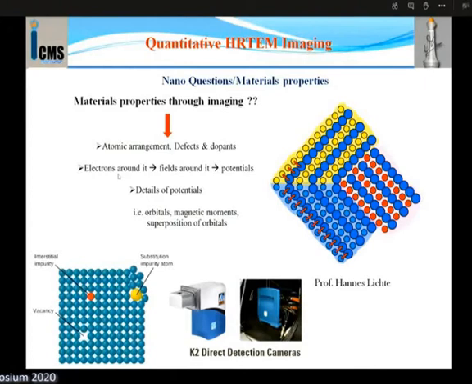If you can determine the potential, and once you can fit the orbital, you should be able to tell the properties of the material in terms of magnetic moments and other things that you're interested in. So there is no restriction or limit posed on the theory. And it's quite possible because nowadays tremendous advancement has been made, both in the field of microscopy and also in the field of detectors. So I'm sure that people can take up this kind of difficult challenge.